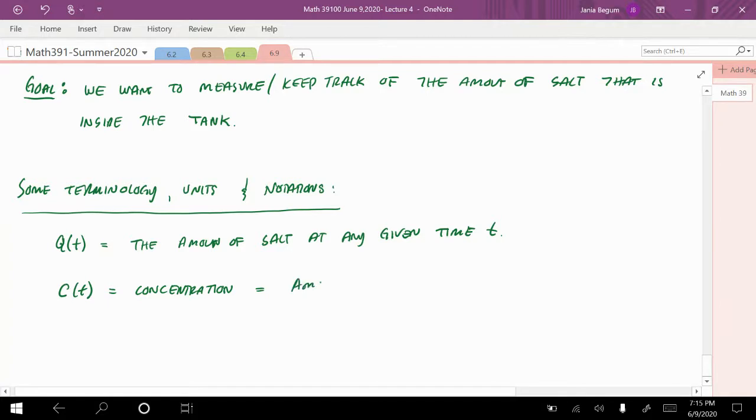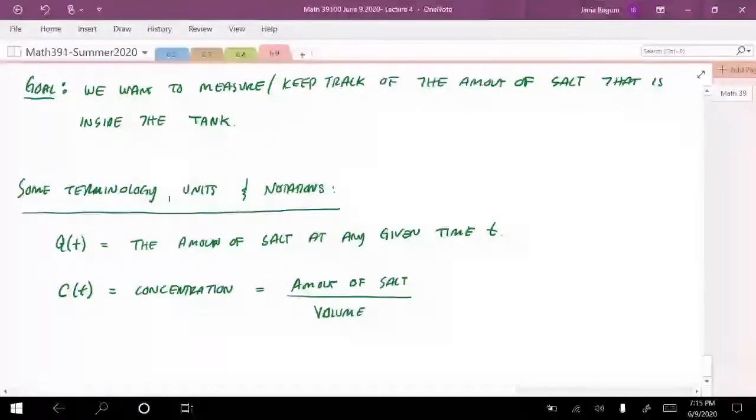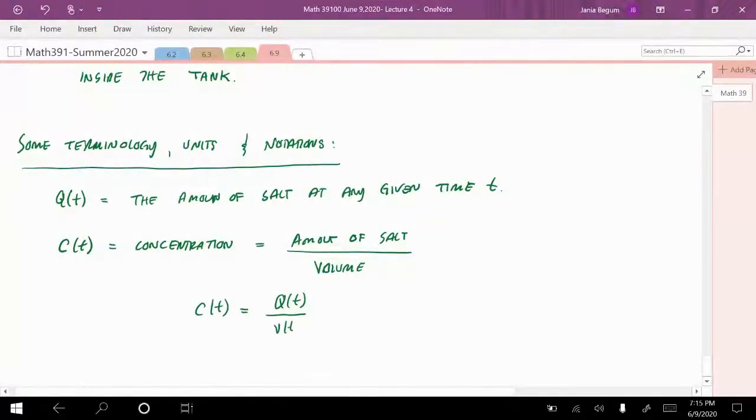So because we're measuring salt, amount of salt over volume. Think of it as C of t is given by the formula Q of t, because that represents amount, and V, I'm going to use that for volume, so let's call it V of t. Okay, so just giving you more formulas.